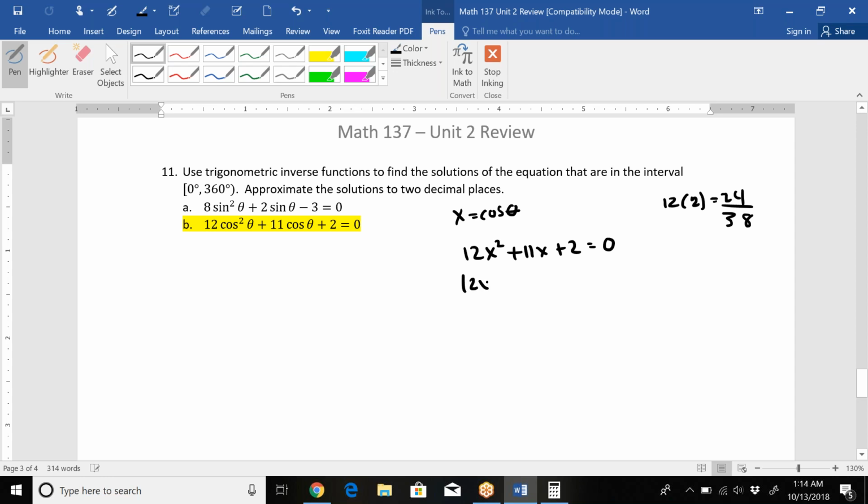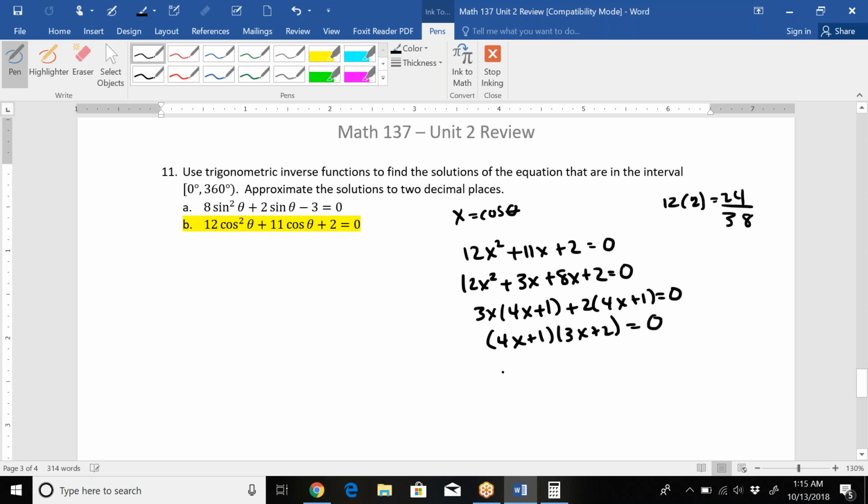So if we factor that, pull a 3x out of the first pair, that leaves me with 4x plus 1. Pull a 2 out of the second pair, that also leaves me with 4x plus 1. This would be 4x plus 1 and 3x plus 2. So we get x equals -1/4 and x equals -2/3.